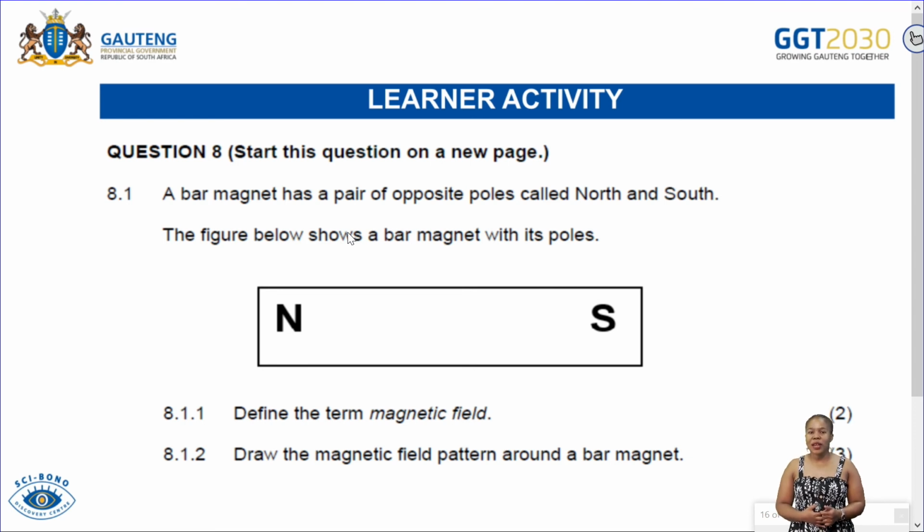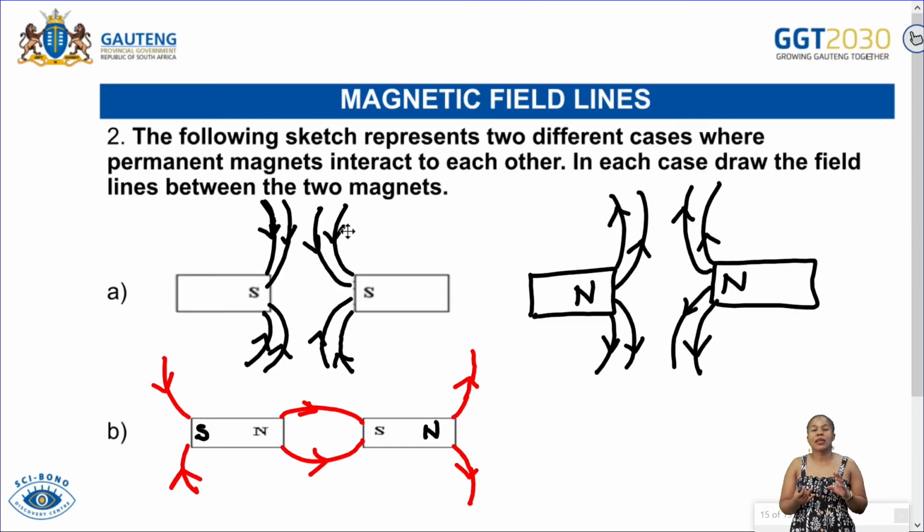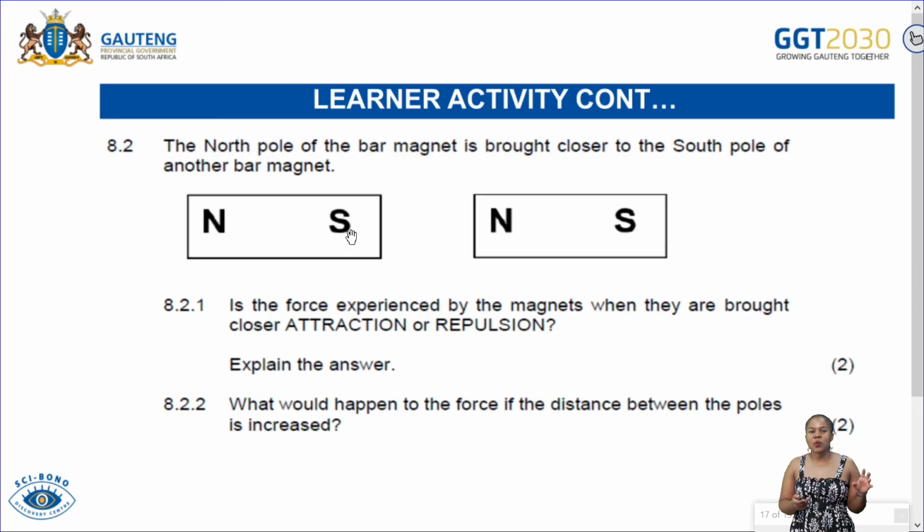8.1.2, draw now a magnetic field pattern around the bar magnet. What you need to remember is that the magnetic field lines never cross each other, they always run from north to south pole on the outside, and the magnetic field strength is more concentrated on the poles. They are continuous.